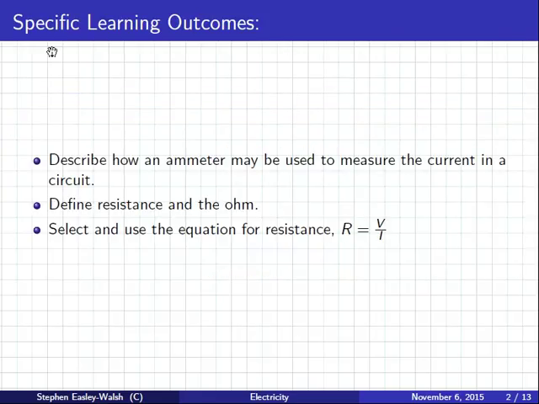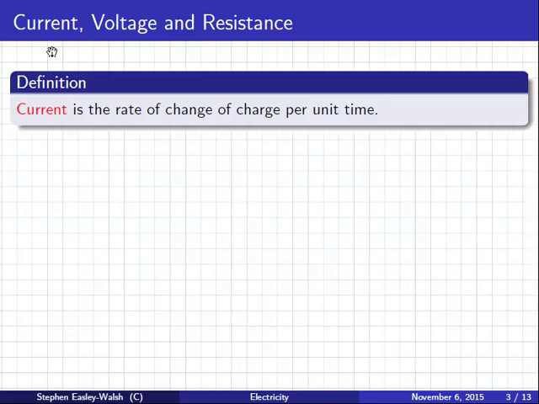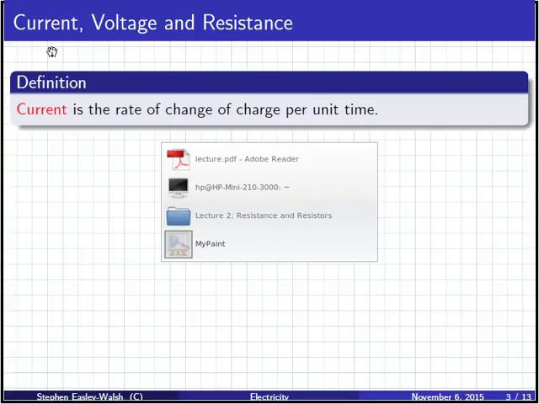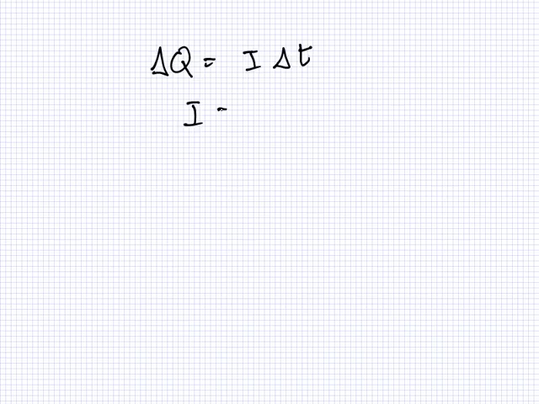So, current, we said last time, is the change in charge per time. You might remember that we said last time Q equals I times T. That means that I is Q over T. Or in other words, as I said, it's coulomb per second or charge per time.